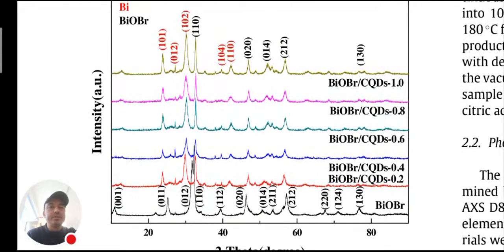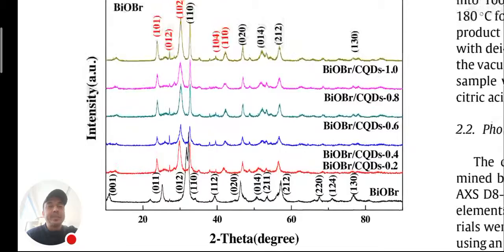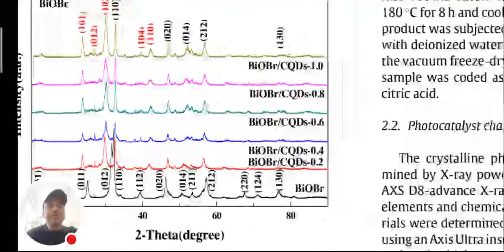But some peaks have a higher tendency, some have a lower tendency, meaning something is a little different from the expected peaks. But some peaks which we are expecting were achieved during this synthesis. For example, the authors achieved this during the synthesis, not we. So they characterized it with XRD like this.